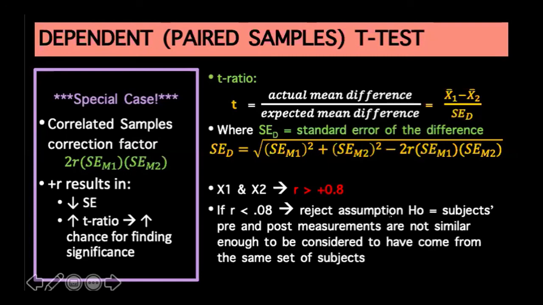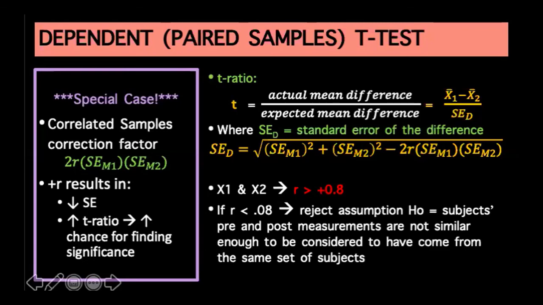That would mean subjects' pre and post measurements are not similar enough to be considered to have come from the same set of subjects. In other words, we would have to say that we actually have independent samples instead of a paired sample, okay? Which, based on your word as the researcher, you should know. And usually this comes out nicely. So it's just kind of a side note check type of thing, okay?